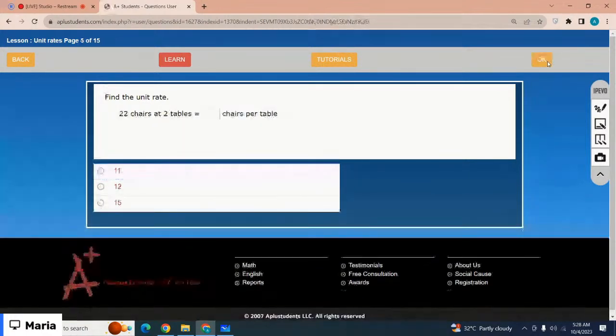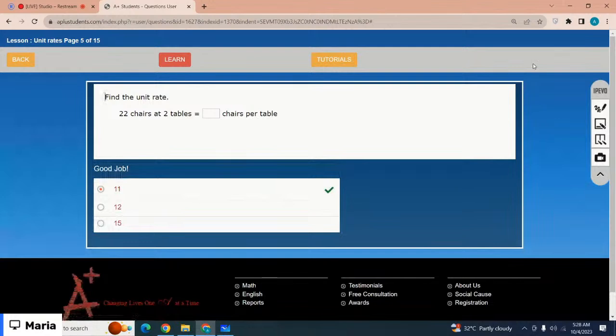22 chairs at 2 tables. How many chairs per table? Very good. That would be 11 chairs per table, right? 24 passengers on 2 buses.